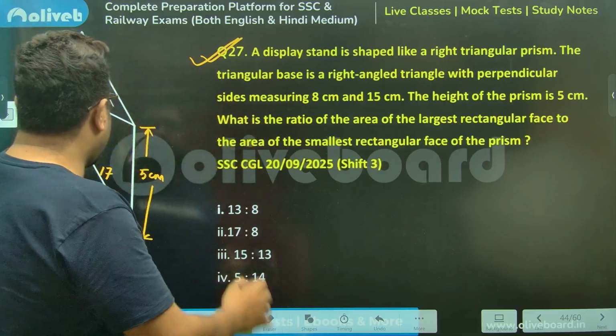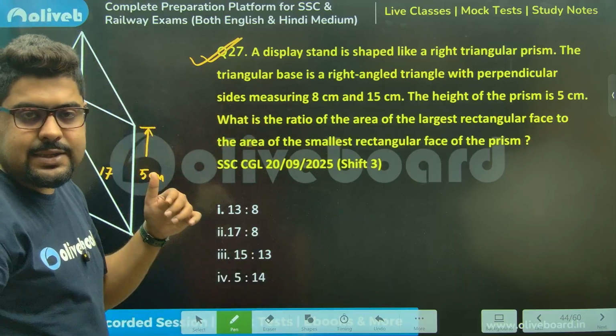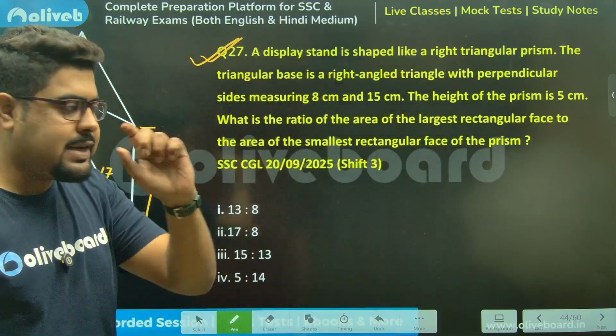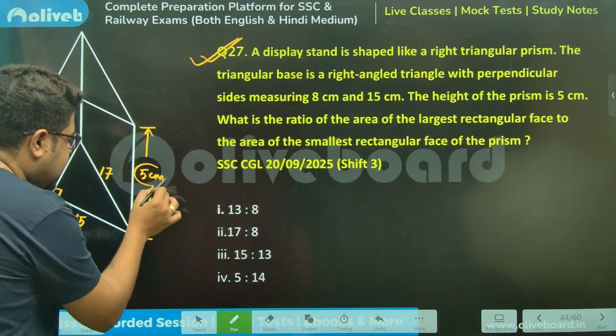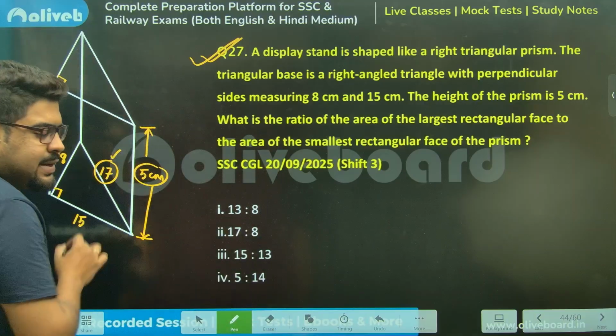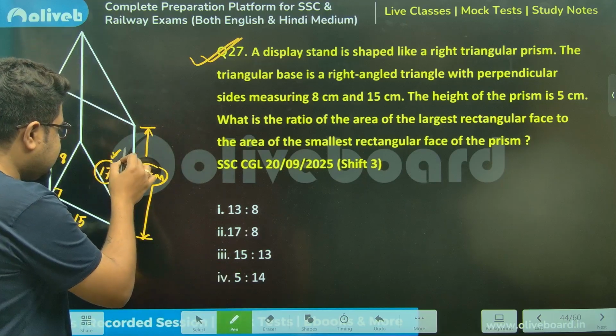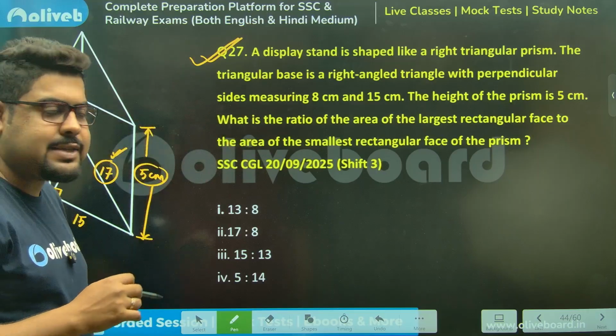Now, sir, all three surfaces are rectangles. They're asking for the area of the largest rectangular face. The height is the same, so wherever the length is highest, that surface will have the highest area.